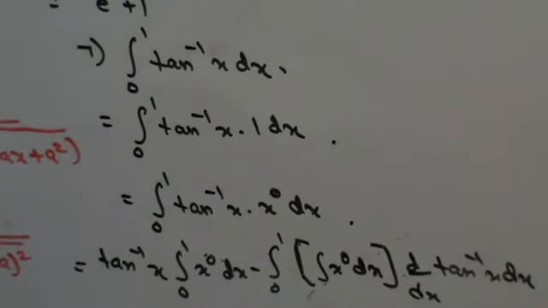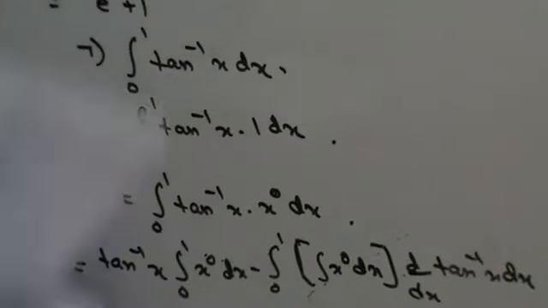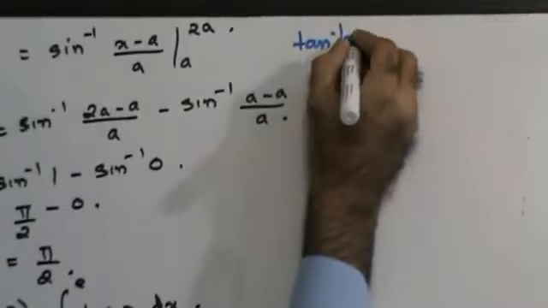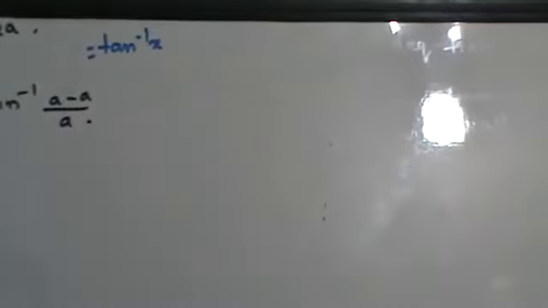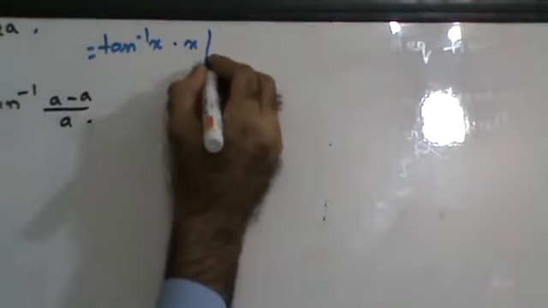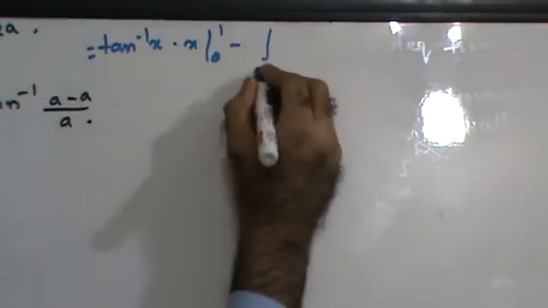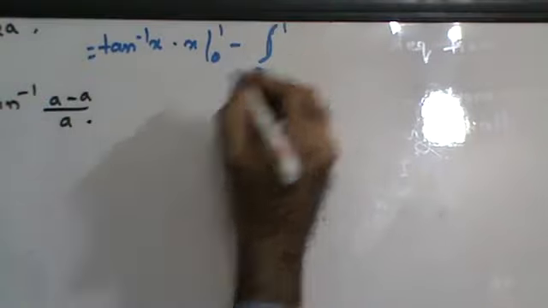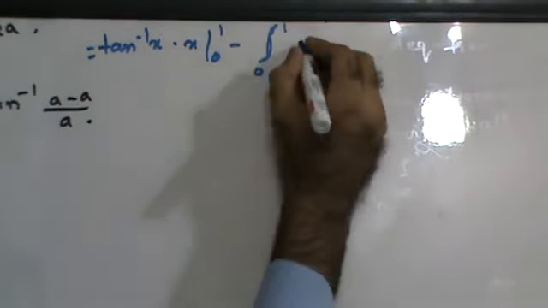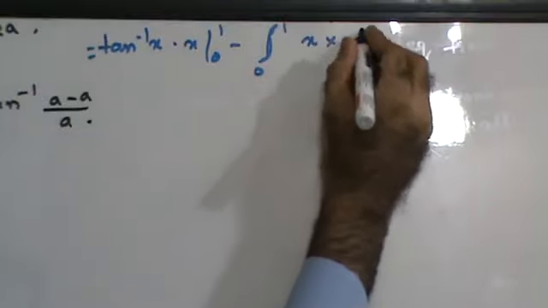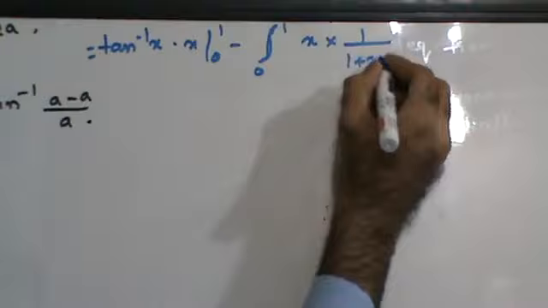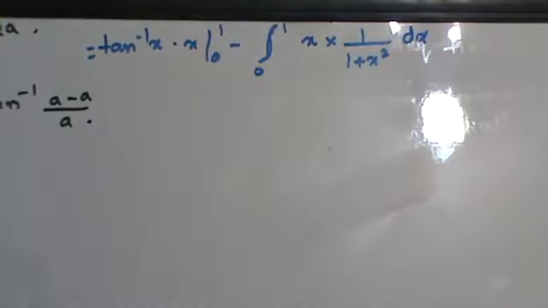So let's solve this. This will give me tan inverse of x, integral of x raised to 0 is x when the limits are between 0 to 1, minus integral of 0 to 1, integral of x raised to 0 is x. D by dx of tan inverse of x is 1 upon 1 plus x squared dx.